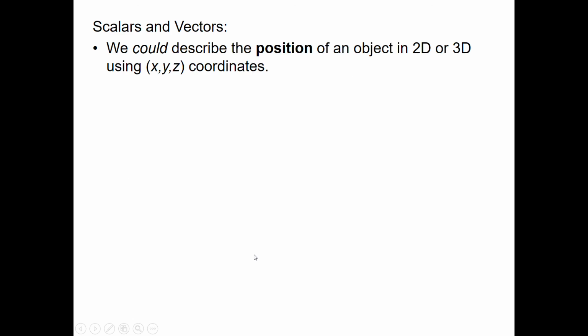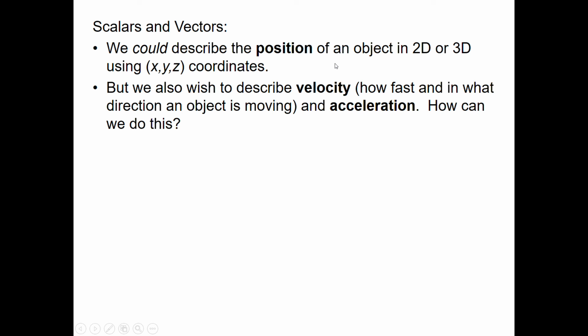All right, so that was a discussion of the right triangles, and now we're going to transition. I said the second thing we were going to talk about in this chapter is scalars and vectors. What are they? Well, here's the motivation. We could describe the position of an object, in 2 dimensions and 3 dimensions, using x, y, z coordinates. We're familiar with that. The problem is, we know from our kinematics discussion, we also want to describe the velocity of an object and the acceleration of an object.